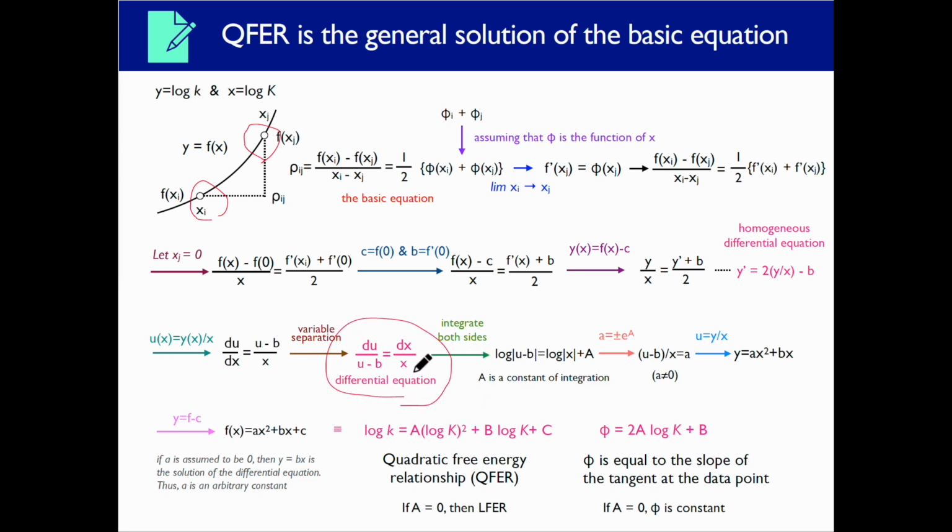By solving this differential equation, we can obtain this parabolic curve solution. If A is 0, this becomes LFER, and the phi value is the slope of the tangent at the data point. If A is 0, then phi is constant, then of course it is LFER.